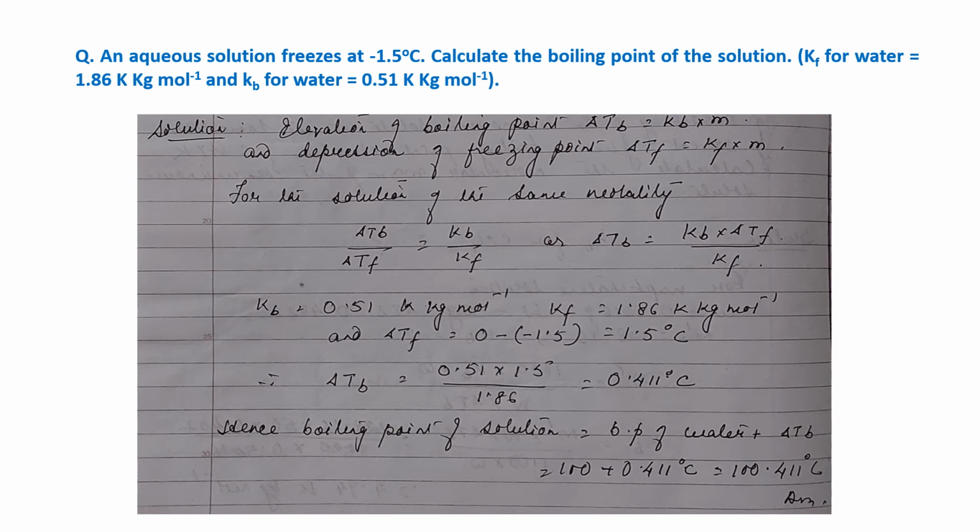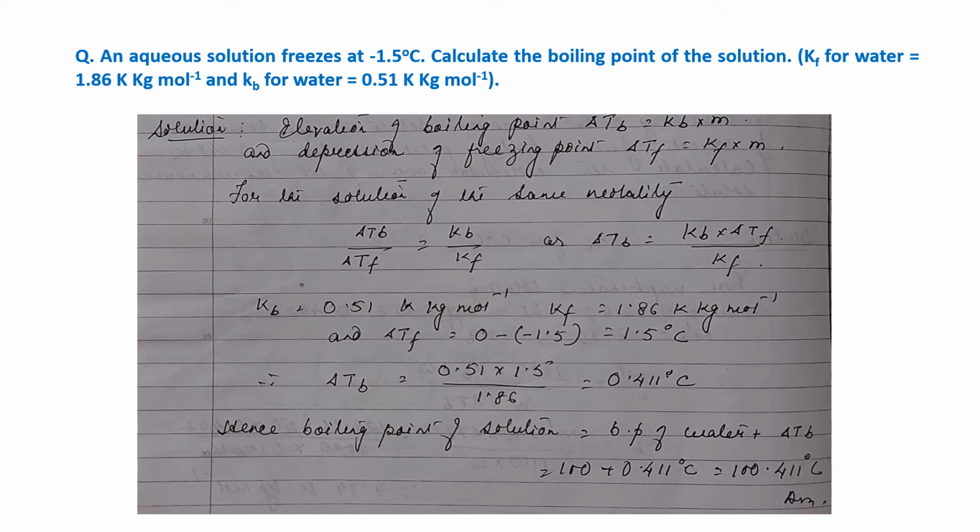Next numerical. An aqueous solution freezes at minus 1.5 degrees centigrade. Calculate the boiling point of the solution. Kf for water is 1.86 Kelvin kg mole minus 1 and Kb for water is 0.51 Kelvin kg mole minus 1 given.